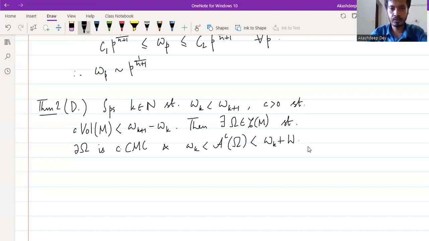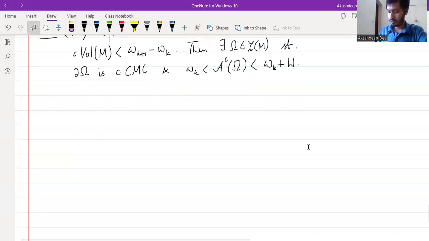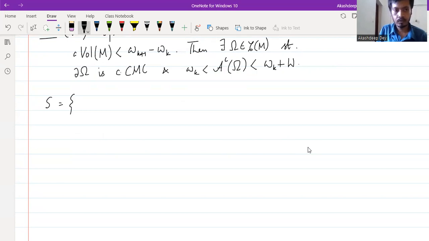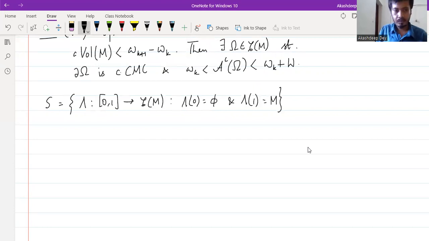It is defined as follows. Let us consider S to be the set of all Lambda from [0,1] to C(M), where Lambda is continuous such that Lambda(0) is the empty set and Lambda(1) is the entire manifold M. Then W is the following min-max number.